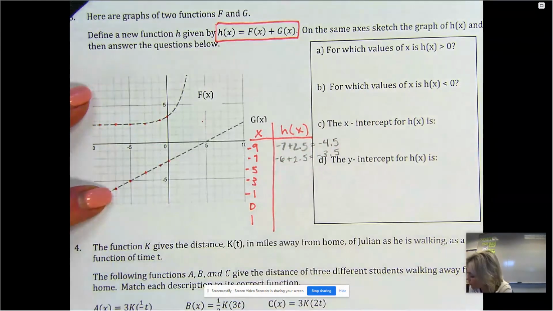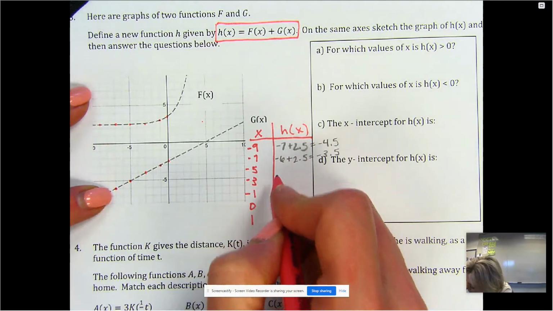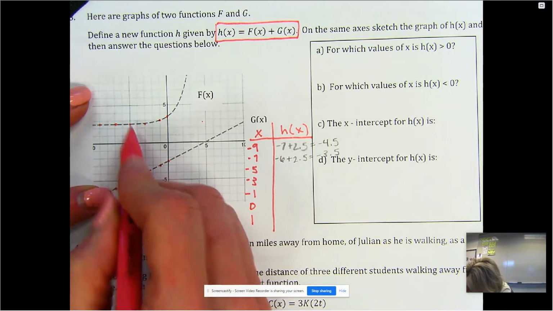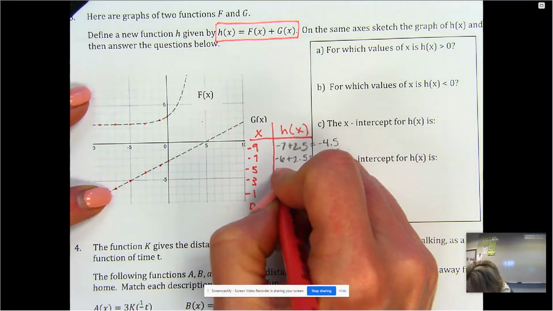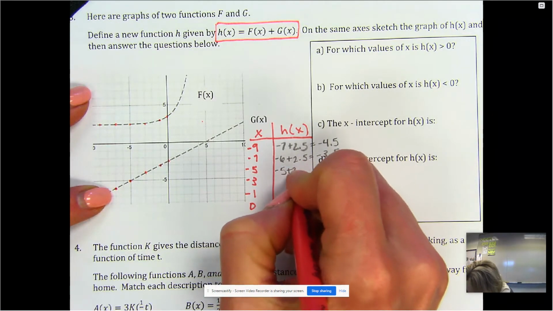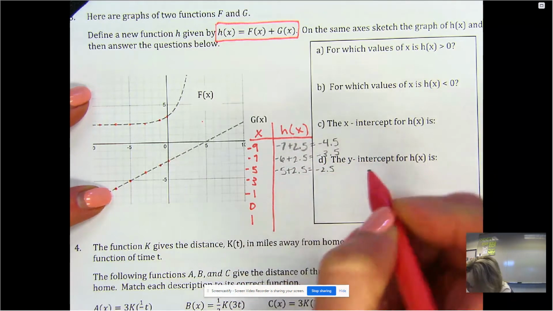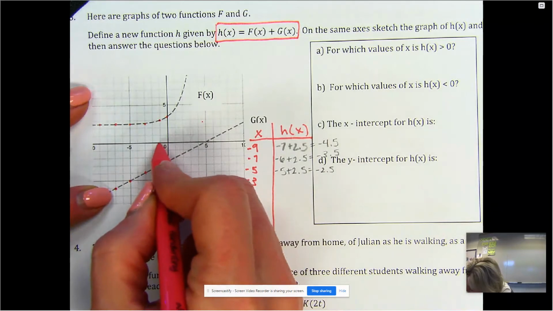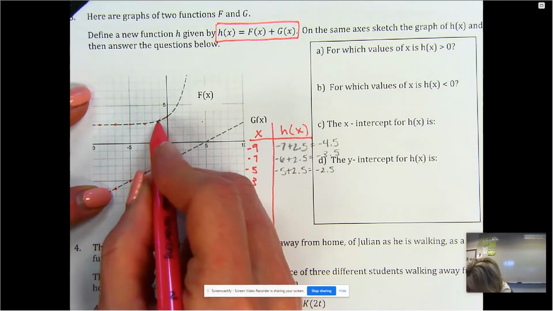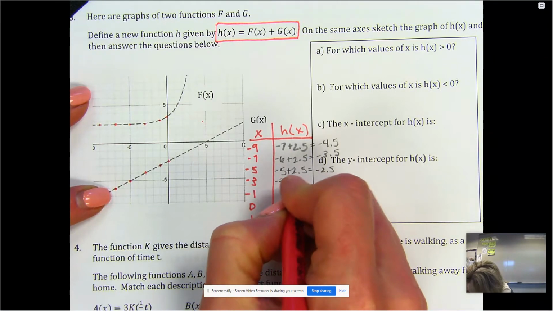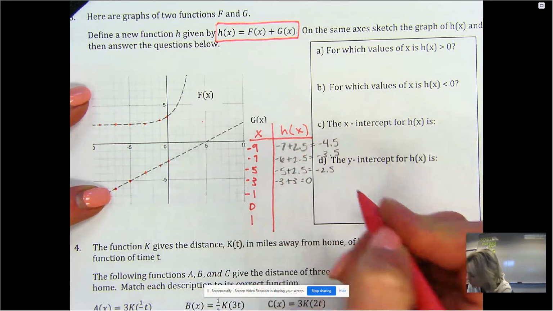Kind of ran out of room there. This is when x is -5, -5 plus 2.5, which is -2.5. And then here at -3, this is at +3. So -3 plus 3 is 0.